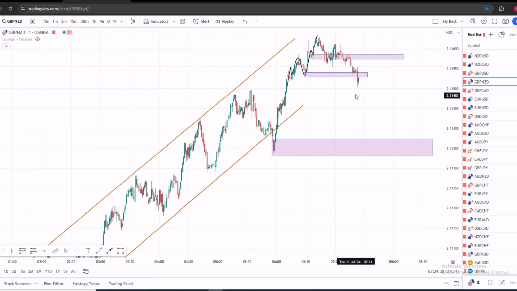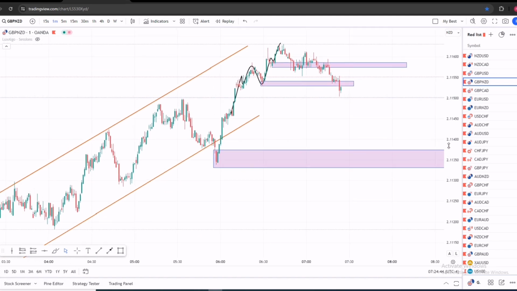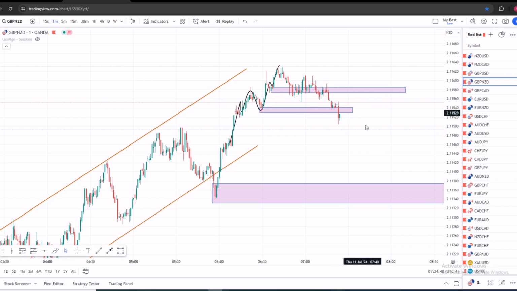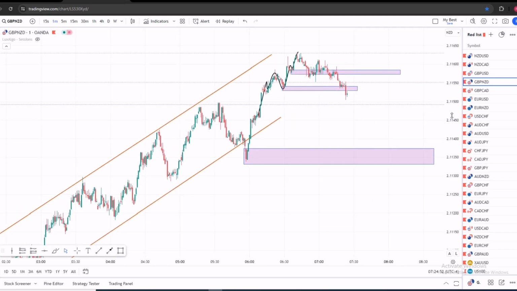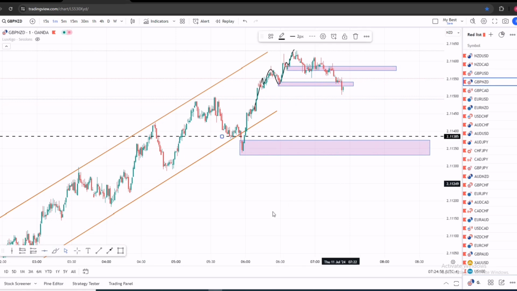Now we have closed below this key level, and that's a good sign. Once you see this, you hold a little longer again. Your next target is this one. Here you can take some profits.